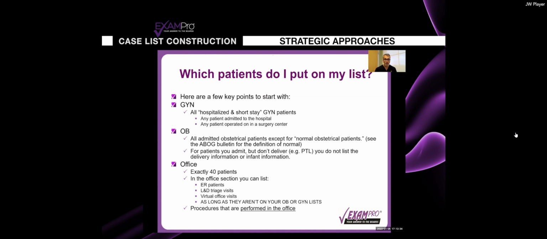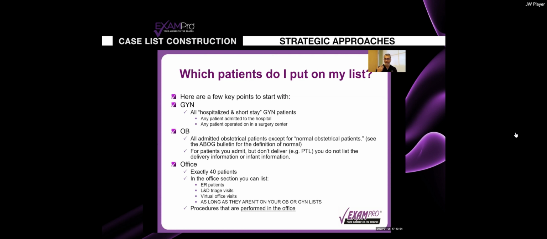So again, I want you to start out with the right mental framework. For the GYN list, essentially all hospitalized and short-stay GYN patients have to be on that list. So any patient admitted to the hospital with you as the attending, and any patient operated on at a surgery center with you as the attending has to be on that GYN list.